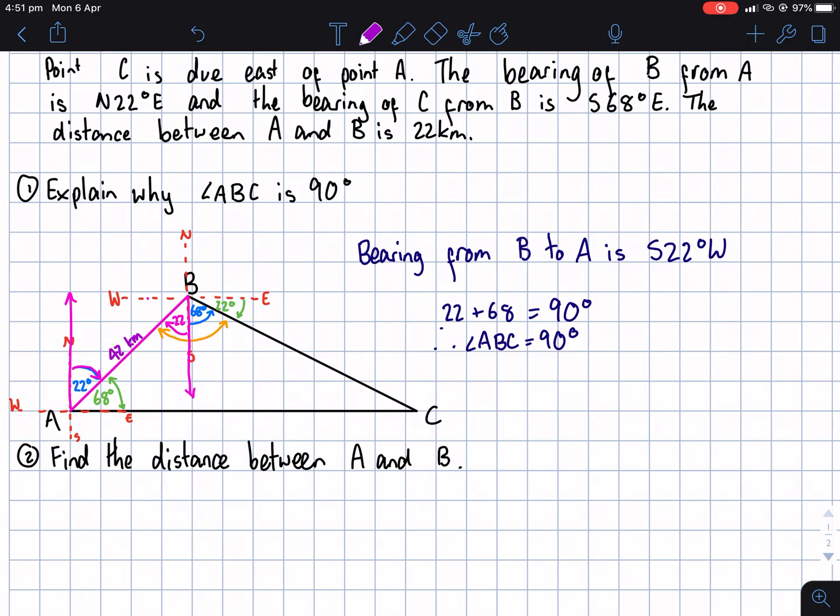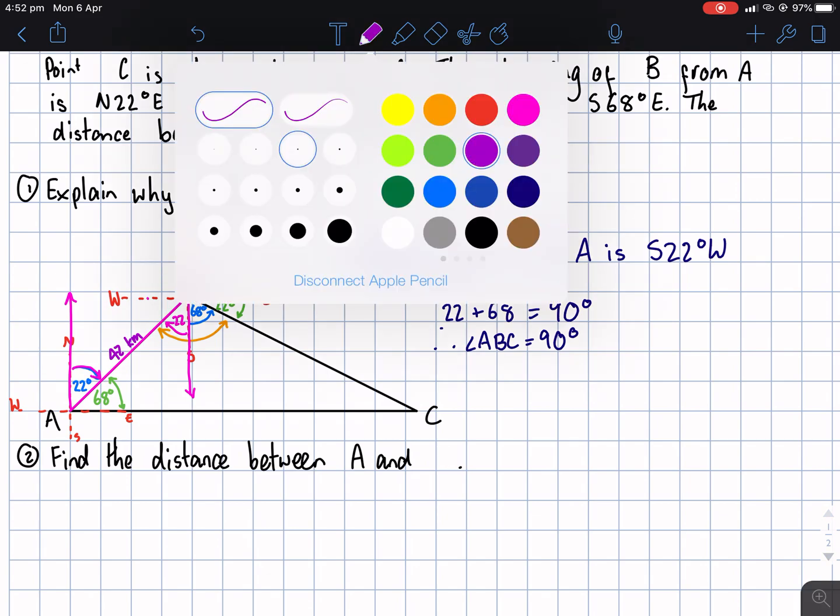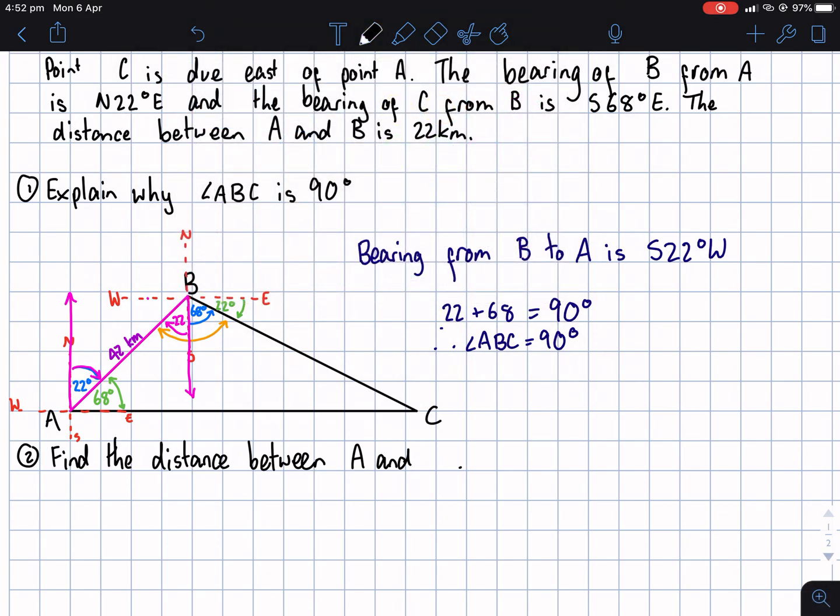Find the distance between checkpoint A and checkpoint B. That's a really badly written question because they've already told us. Yeah, what on earth? I'm going to change this to A and C. Okay, now that's A and C, this is a much harder question.